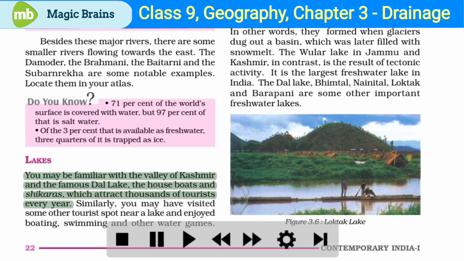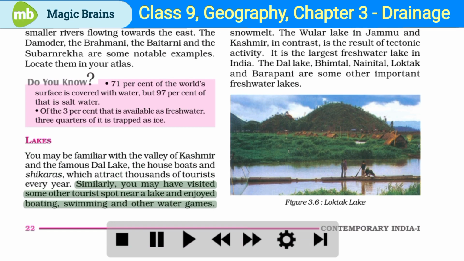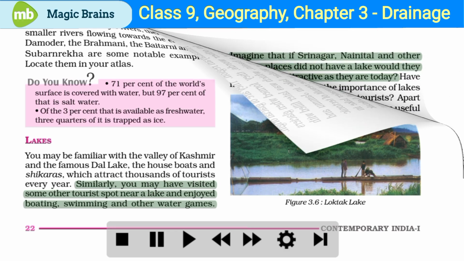Lakes. You may be familiar with the Valley of Kashmir and the famous Dal Lake, the houseboats and shikaras, which attract thousands of tourists every year. Similarly, you may have visited some other tourist spot near a lake and enjoyed boating, swimming, and other water games.